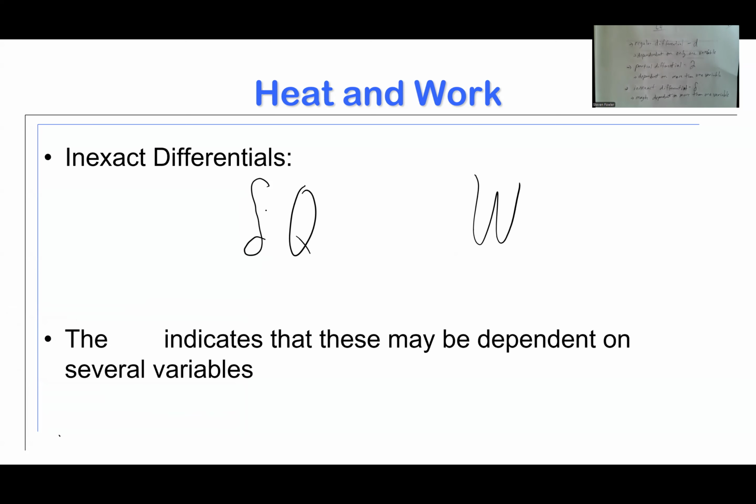It's still an infinitesimally small differential slice. That's really all the d is telling you, whether it's an ordinary differential, a partial differential, or an inexact differential. In all cases, we're talking about a differentially small, itty bitty, infinitesimally small slice of these quantities.